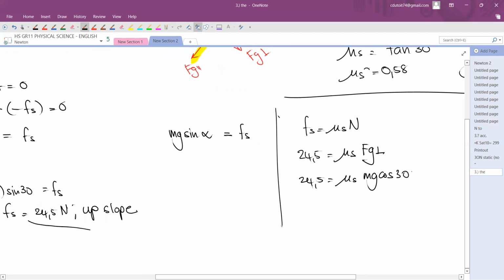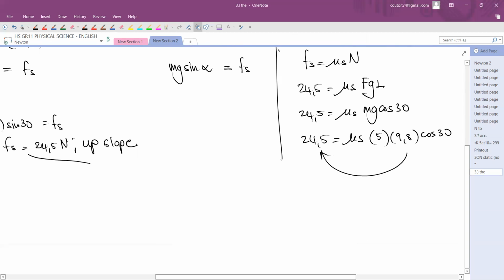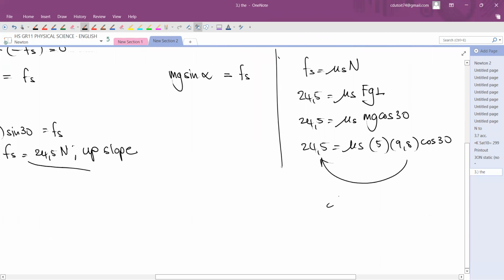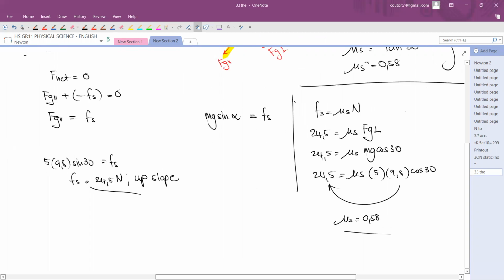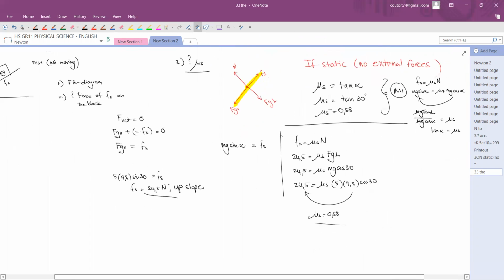And then you're going to divide it away, not even knowing that you're getting tan along the way. So 24,5 is mu s times 5 times 9,8 cos 30. And then if you divide that away, you'll get 0,58. And there's no unit for a coefficient. It's just a value.